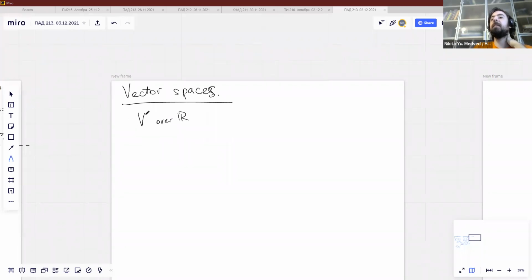So this set V is called a vector space if there are two operations: addition that takes two vectors, two elements of V, and produces another one, and multiplication by a constant.